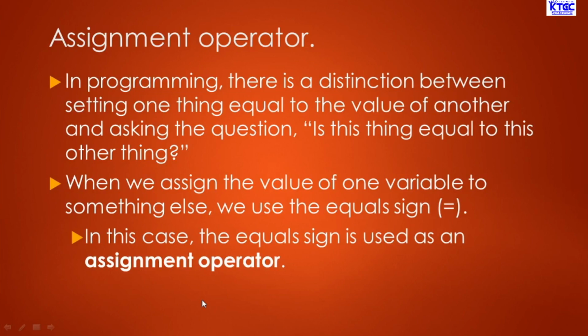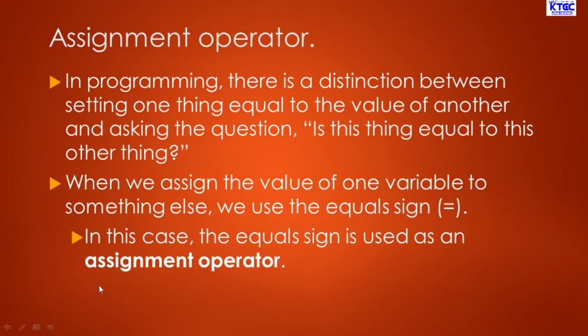Now, when we assign a value to a variable, for example, variable name is equal to Rashid, Rashid should be kept in a variable name, right? If we want to assign a value to a variable, we use the single equal to symbol.